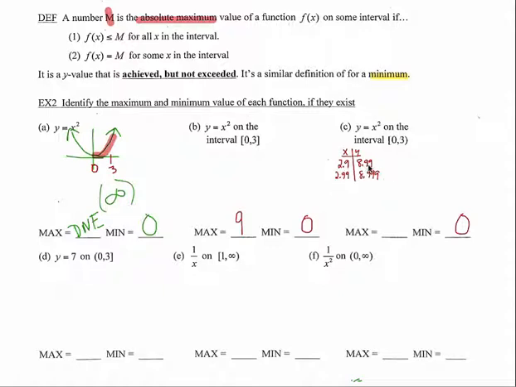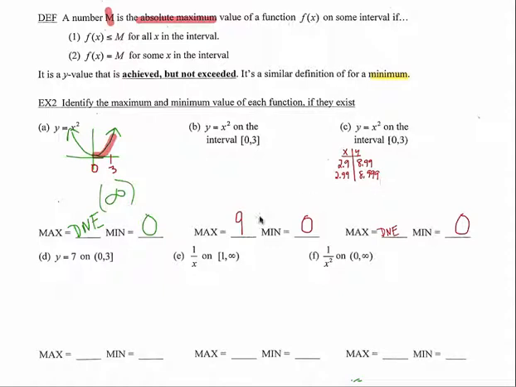We know that the maximum value is going to be really close to 9. We don't know how close to 9 it's going to be. So technically, we have to say that the maximum value does not exist because this is an open interval.